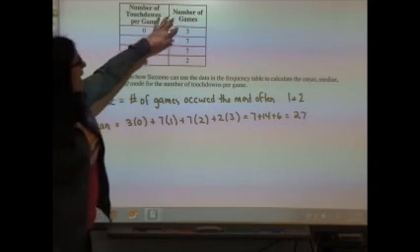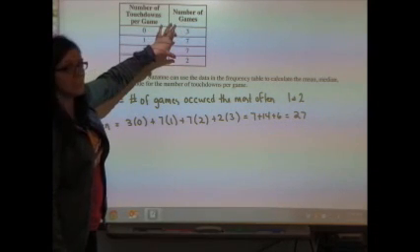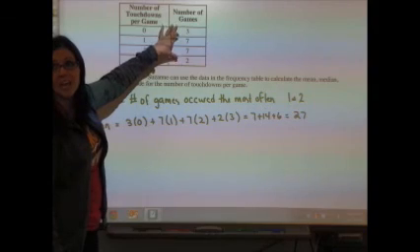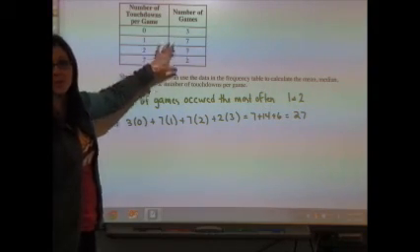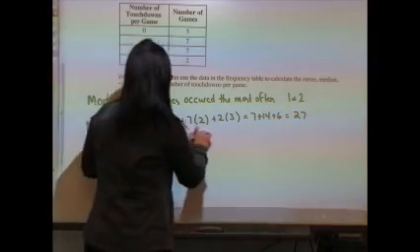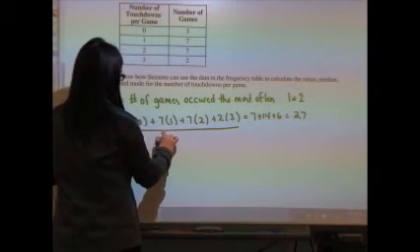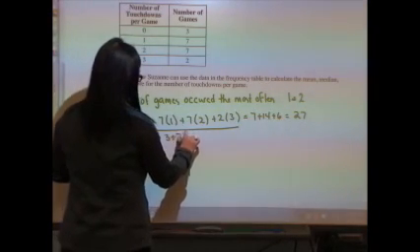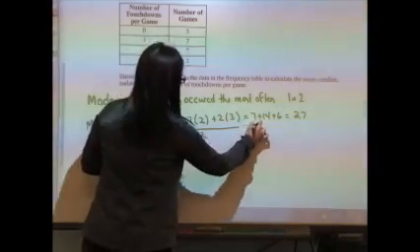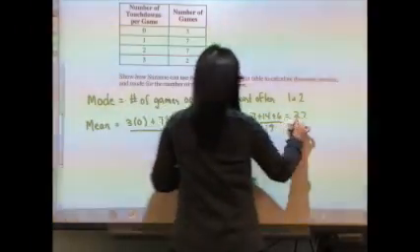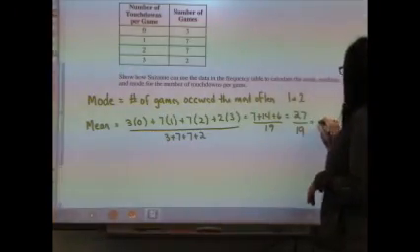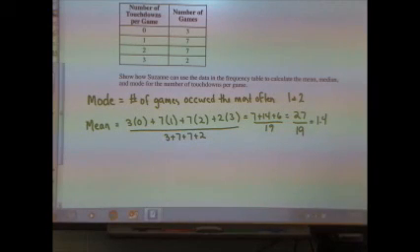And I still have 19 pieces of information, which I can get by adding the total up in my frequency. And I still get 1.4.